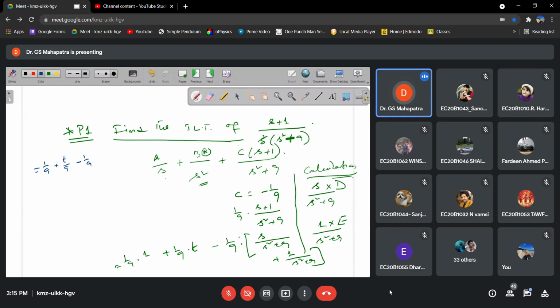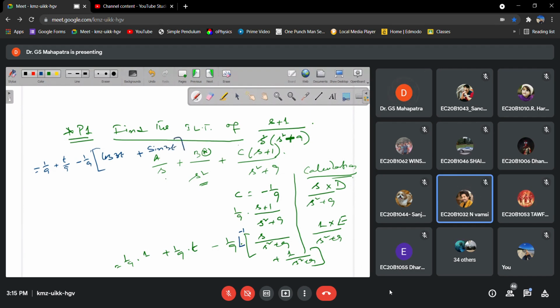Sorry, here I have not written Laplace inverse transform. So what is s by s square plus 9? Cos of 3t. Plus 1 by s square plus 9, sin 3t.